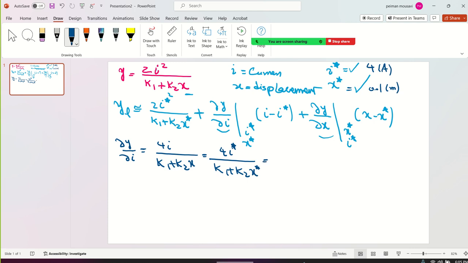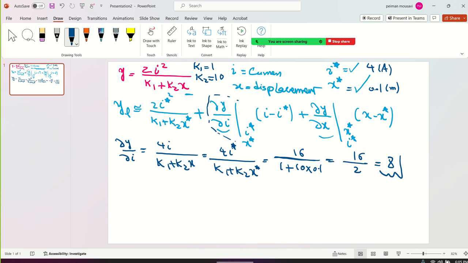So it's going to be 16 divided by, and say another example is k1 is 1 and k2 is 10. Just numbers, huh? 1 plus k2 is 10 times 0.1, so 16 divided by 2. It's going to be 8. So this coefficient is going to be 8.